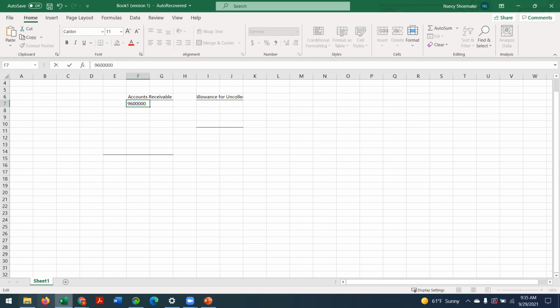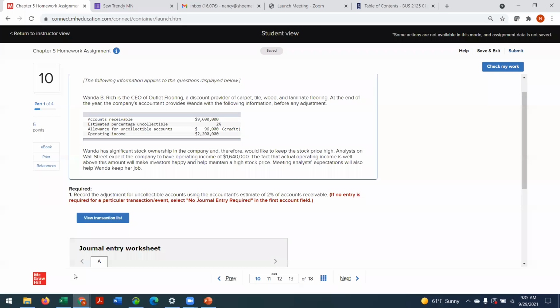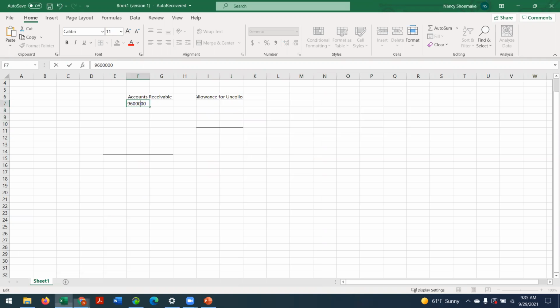The credit in the allowance for uncollectibles is 96,000. They want the allowance for uncollectibles to be 2% of the 9,600,000, or they want it to be 192,000.